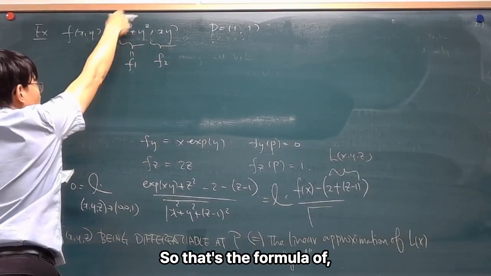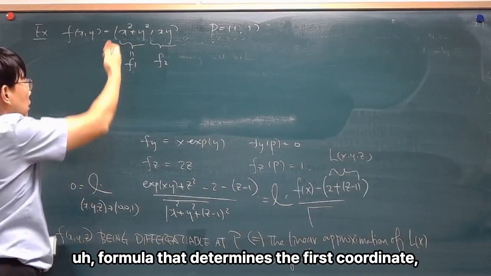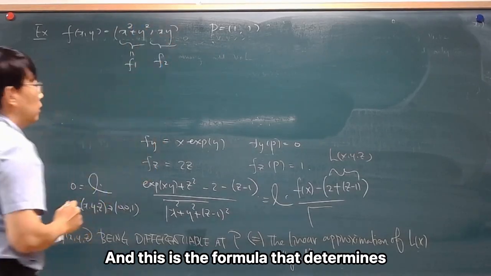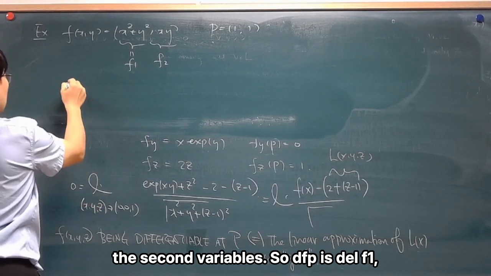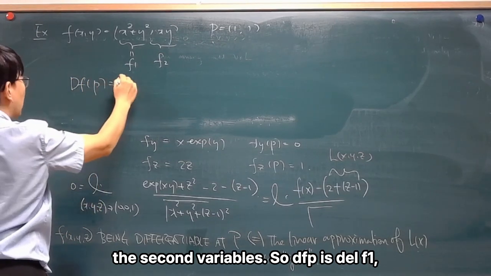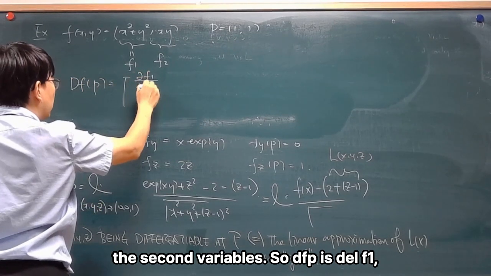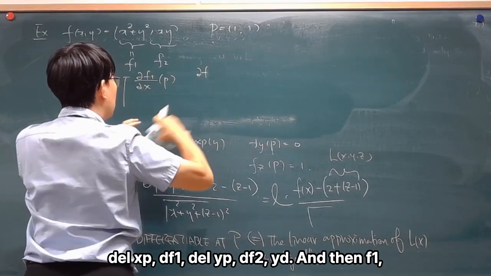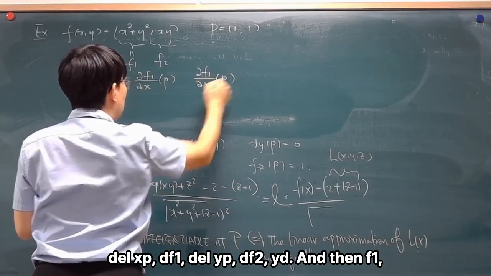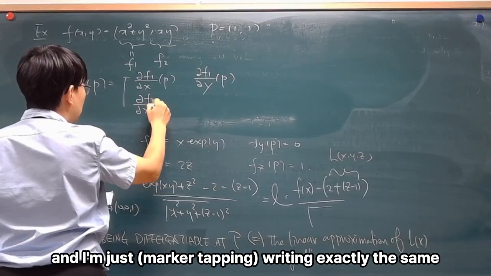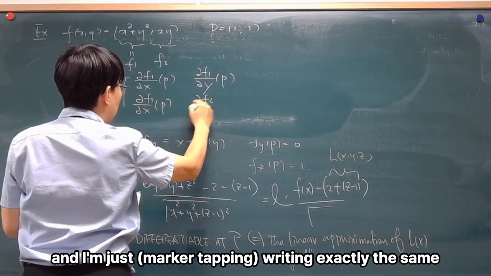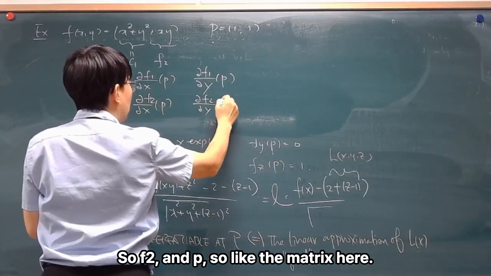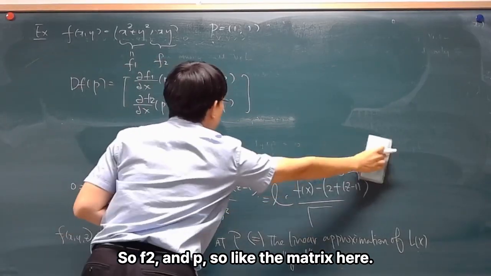That's the formula that determines the first dependent variable, and this is the formula that determines the second variable. So dF_P is del f1 over del x at P, del f1 over del y at P, and del f2 over del x and del f2 over del y at P. I'm just writing exactly the same as my definition. A 2 by 2 matrix here.